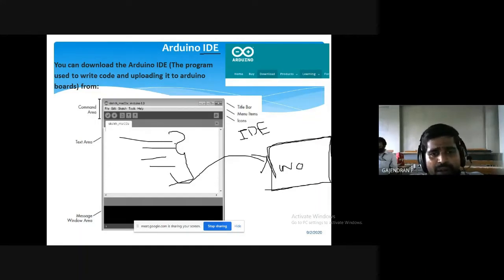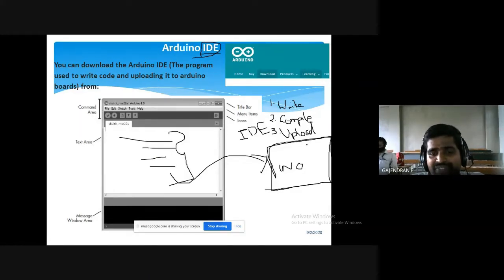So all the things the IDE will take care of. To some extent, you can test your program. Using this IDE, I can write the program, then I can compile the program, then I can upload the program. Upload has different names: upload, fuse or burn.